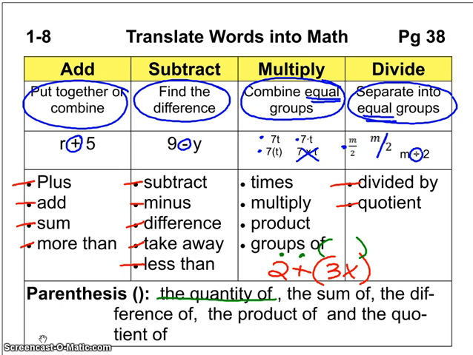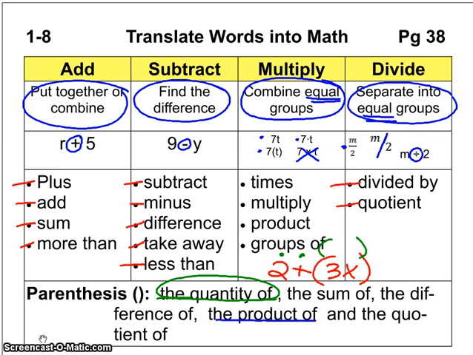So whenever you're about to say something in parentheses, prior to reading the inside of your parentheses, you are going to say the quantity of 3x. Or the product, in this case, since you're multiplying inside, you could say the product of 3x.